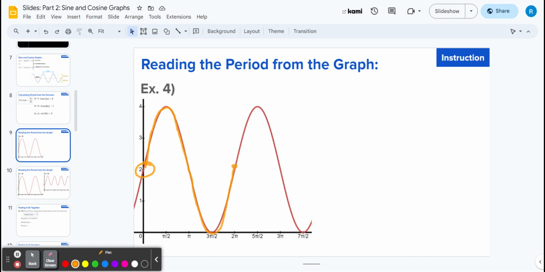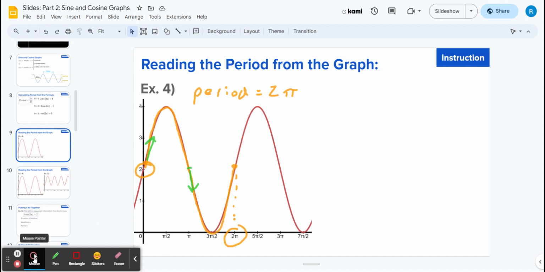Okay, there's one full rotation here, and this lines up with a value of 2 pi, so our period is equal to 2 pi. Notice how I didn't stop right here. That would only be one full rotation, right? I've only gone up. I need to go up, then down, in order to get to one full rotation.